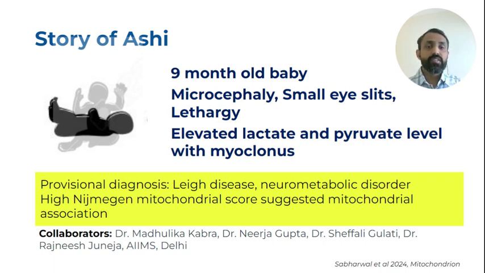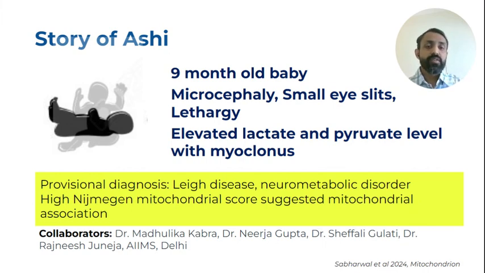All this constellation of symptoms points to a mitochondrial genetic disorder, and the provisional diagnosis was Leigh disease or a neurometabolic disorder. There's a clinical scoring criterion, the emergent scoring criteria, and the score was pretty high, suggesting a clinical diagnosis of a mitochondrial genetic disorder.